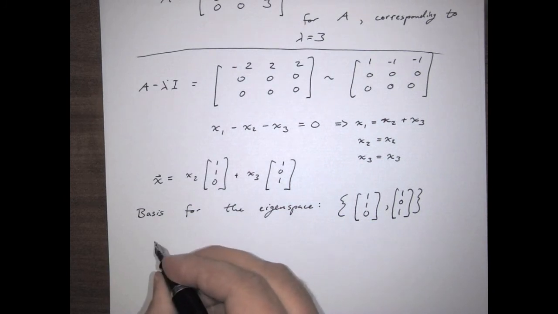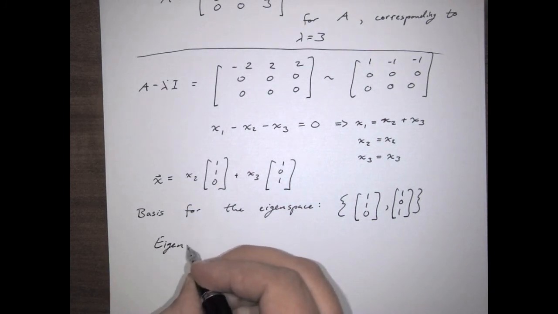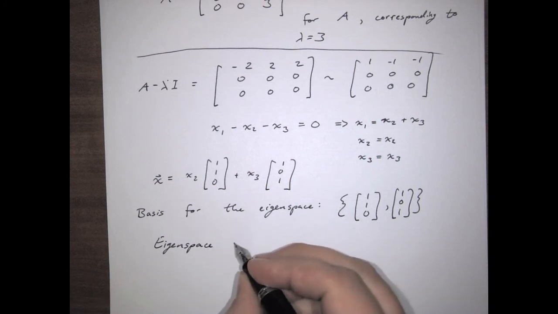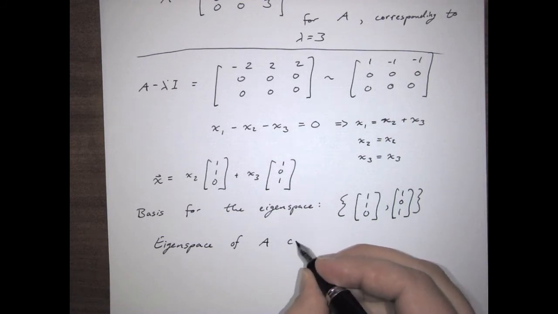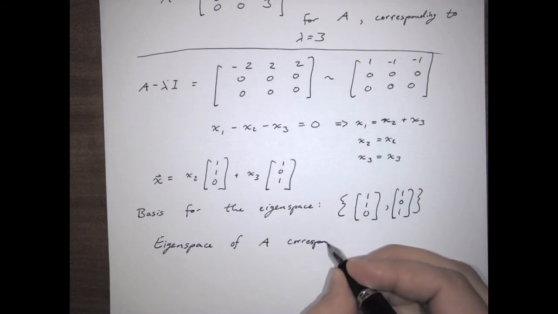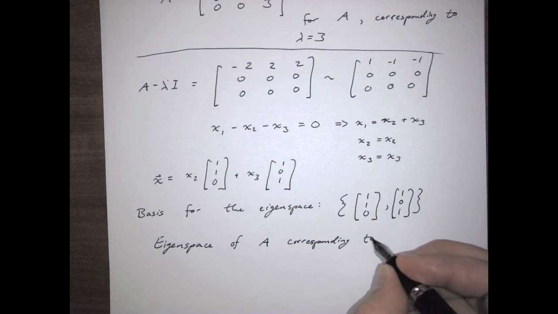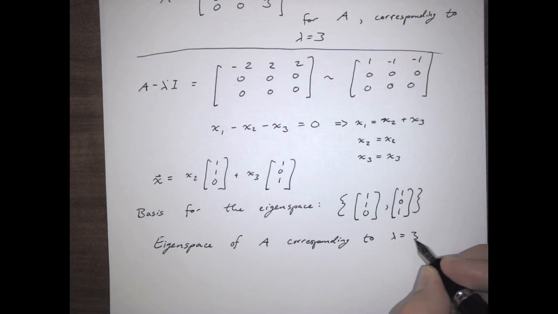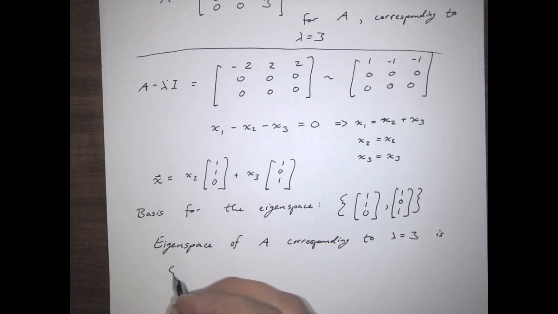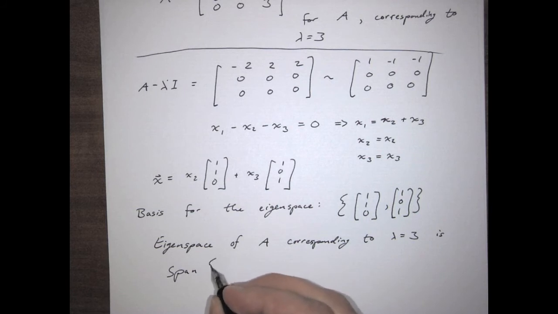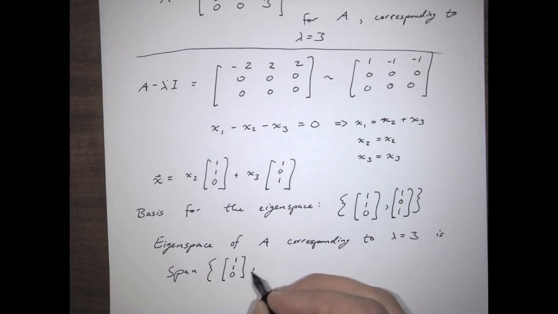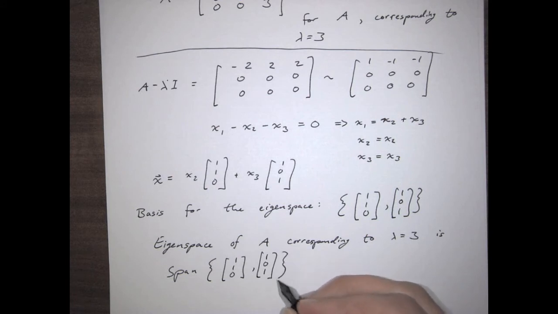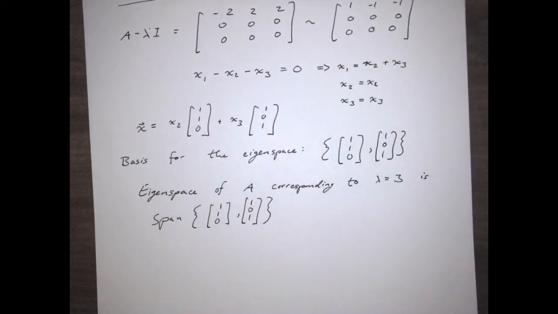So then the eigenspace of A corresponding to lambda equals 3 is going to be the span of these. So this was a basis, so therefore the space is what is spanned by them.